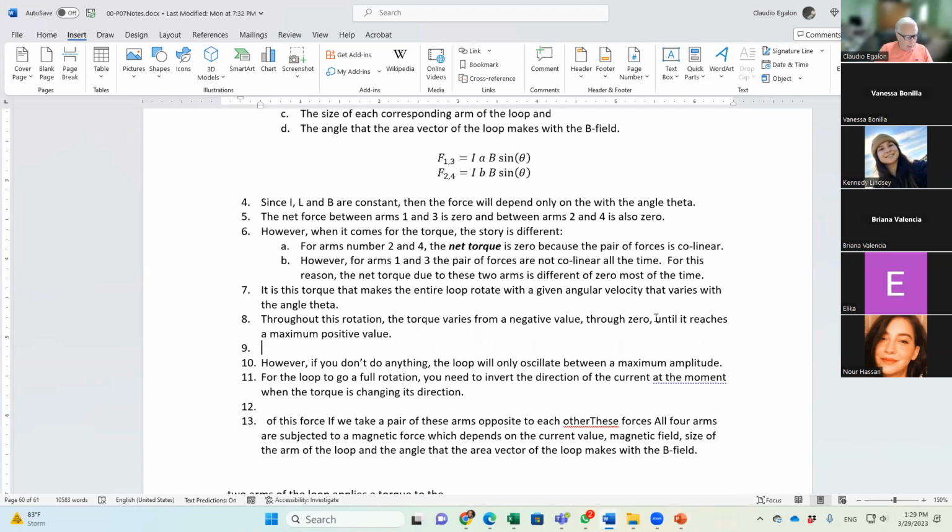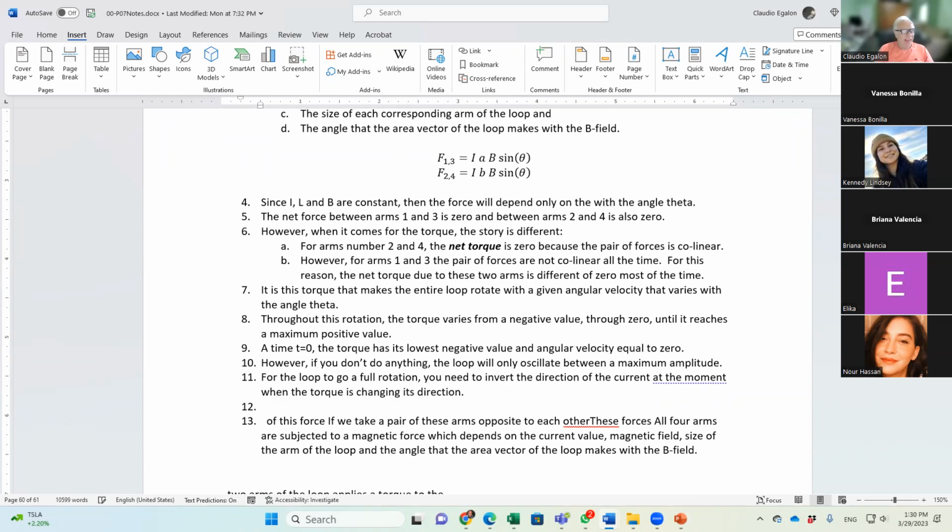All right, so at time t equal to 0, the torque has its lowest negative value, and angular velocity equal to 0.